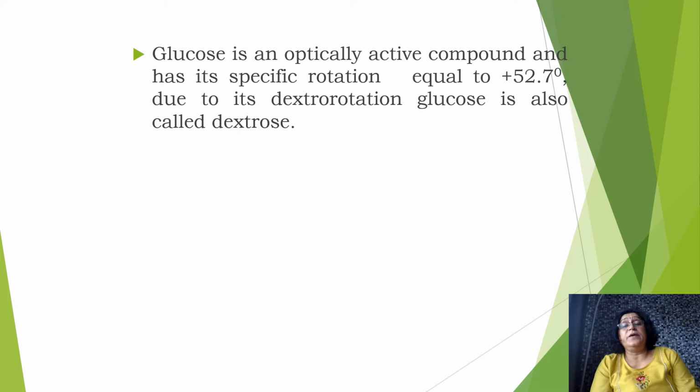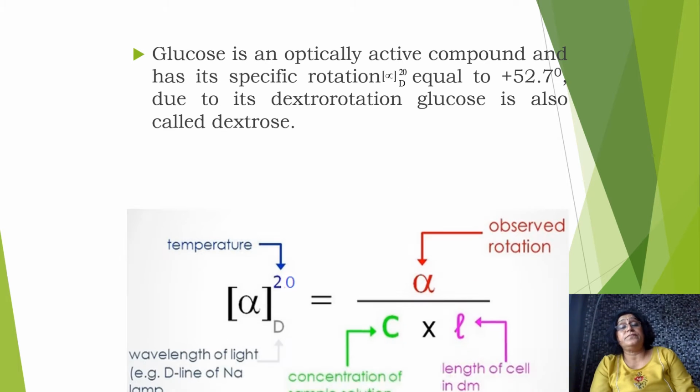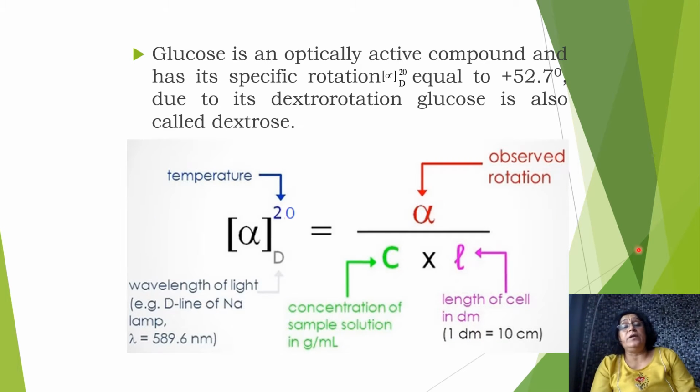So glucose is an optically active compound and its specific rotation is equal to 52.7 degrees due to its dextro rotation, and due to its dextro rotation it is also called dextrose. So this can be calculated using this formula. Alpha D 20 is equal to alpha upon C into L, where 20 degrees is the temperature, and D stands for the wavelength of light, the D line of sodium lamp.